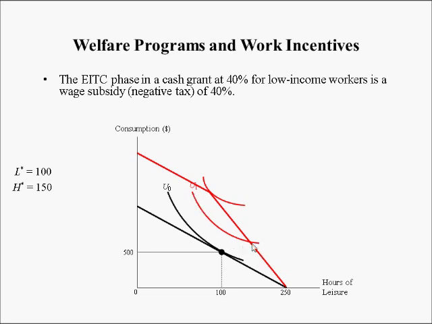And that worker worked 100 hours a week. But with this wage subsidy of 40%, the worker now works 170 hours a week. Thus, the Earned Income Tax Credit program can really incentivize low-income single mothers to work much, much harder.